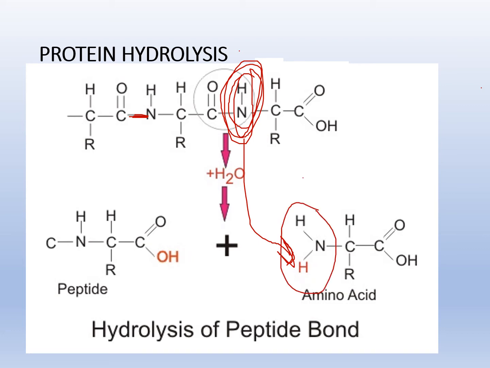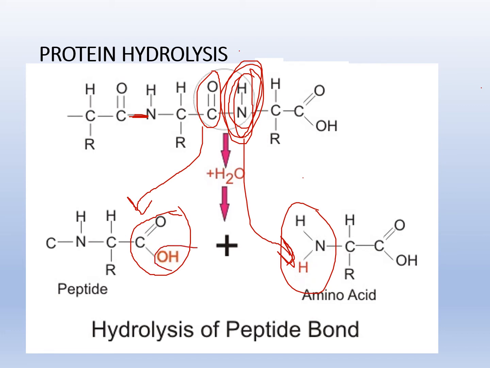And the peptide here is just having the C double bond O. But after hydrolysis, it has gained its carboxylic group structure. It is now C double bond OOH.